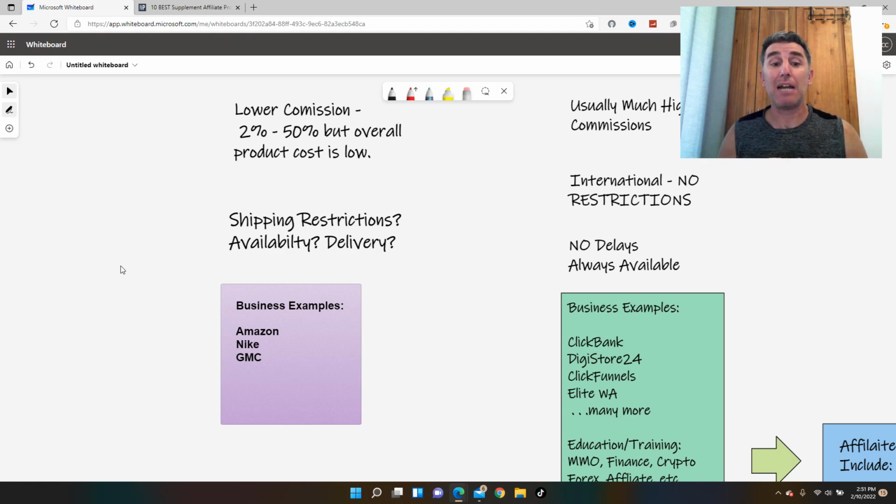So people can make a lot of money on it, but they are doing volume, which means you have to put yourself in an area where a lot of traffic is coming to your site, which you can do, but it's work. Nike, GMC I think is 10% too. Nike, I don't know. I'm not a big sneaker guy. There is a lot of money in sneakers. Not my area of expertise.